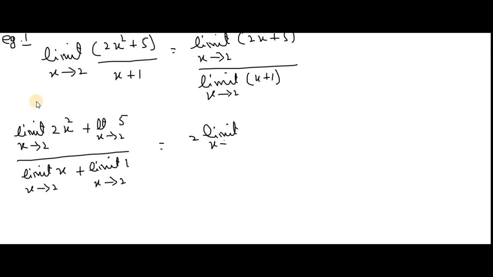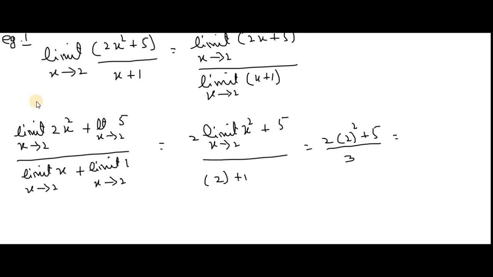2, limit x approaches 2, x squared, and the limit of a constant function is the constant, so it will remain 5, over 2 plus 1. 2 times 2 squared plus 5, whole divided by 3, which is 2 multiplied by 4 plus 5, because the square of 2 is 4, whole divided by 3.